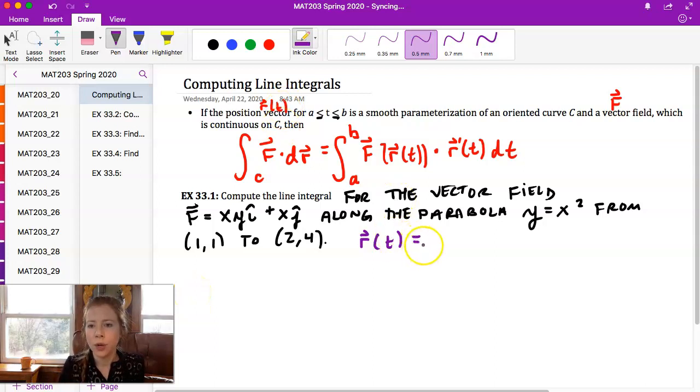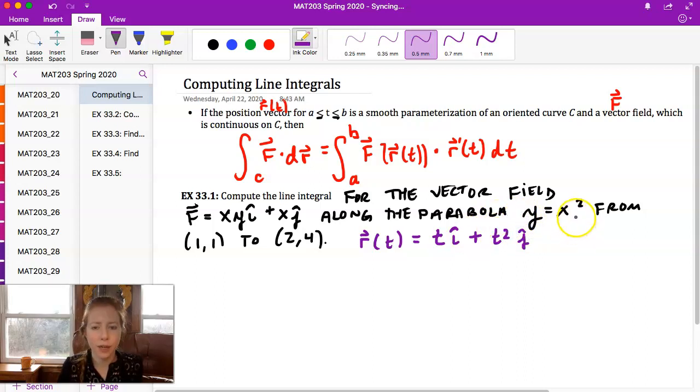And so we want to start at position x equals 1, y equals 1, and end at position x equals 2, y equals 4. So for our x component, let's call that t. And so remember, y is equal to x squared. So if x is equal to t, then y is equal to t squared.